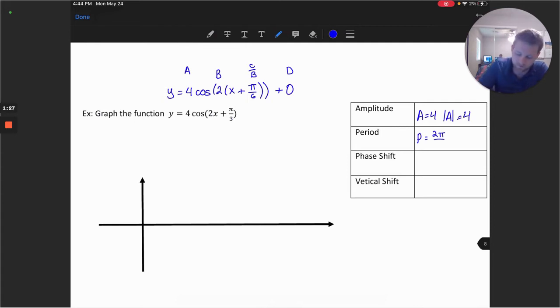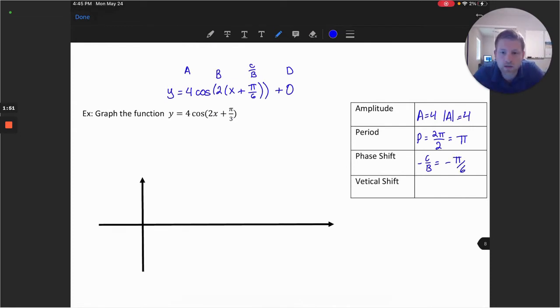In this case, the b value is 2, and so we'll use that as pi. So the period is pi units. Our phase shift is always negative c over b, and so negative c over b for us here is going to be negative pi over 6.